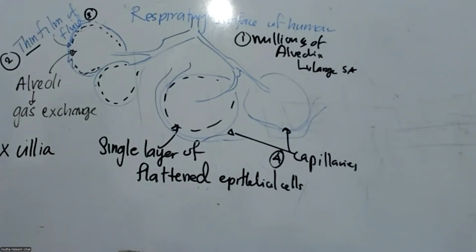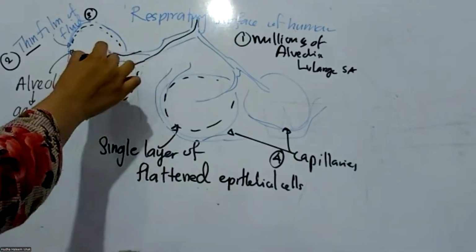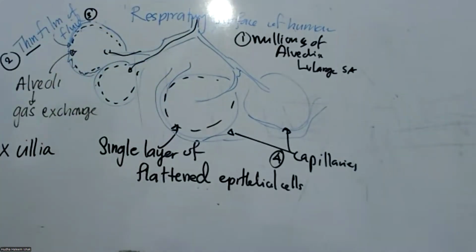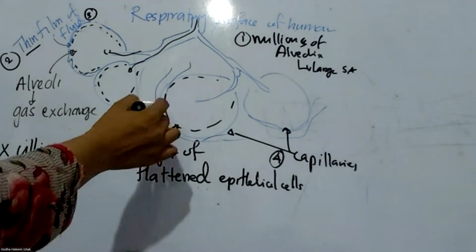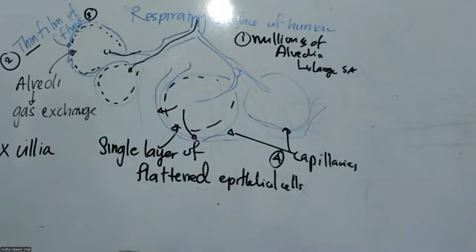Now the oxygen enters the bronchioles, and finally reaches the alveoli. It dissolves in the film of fluid, then rapidly diffuses across the epithelium into the blood capillaries. That's how gas exchange in the alveoli takes place.